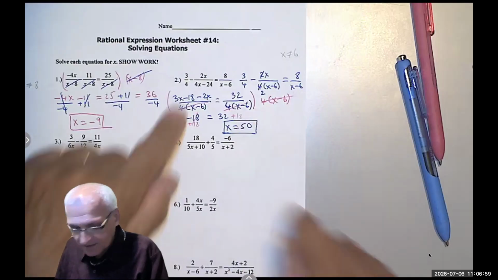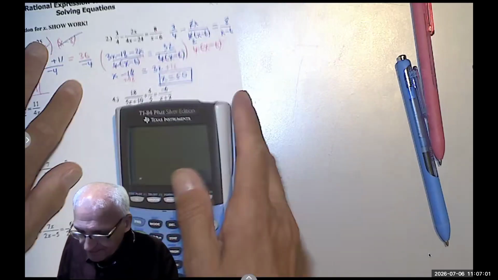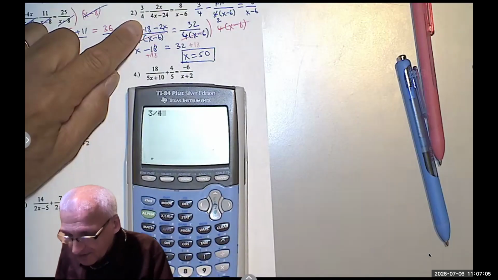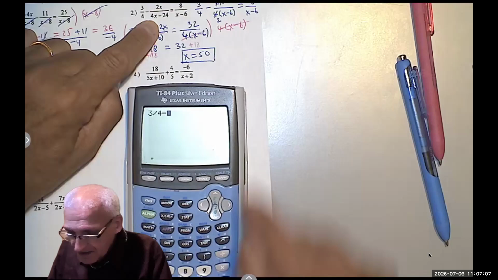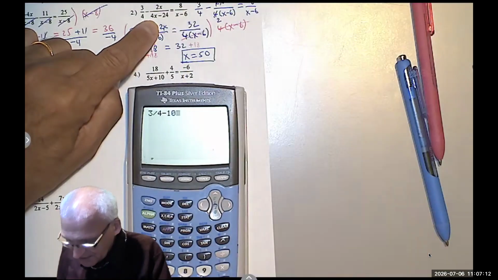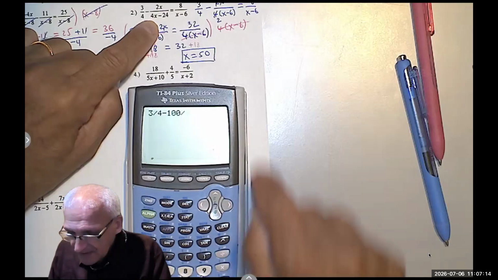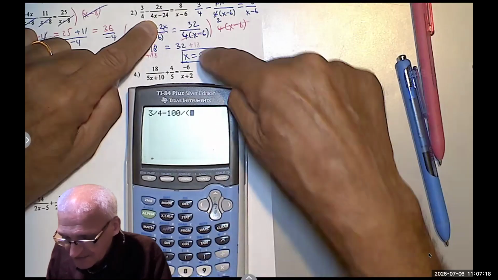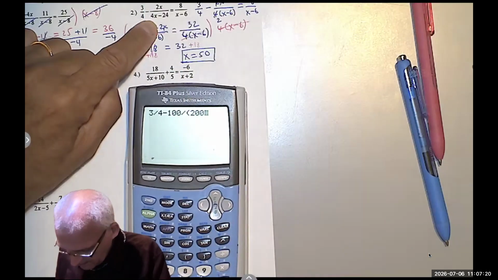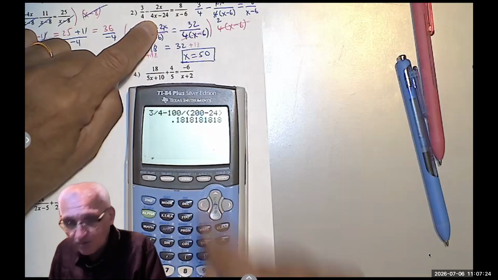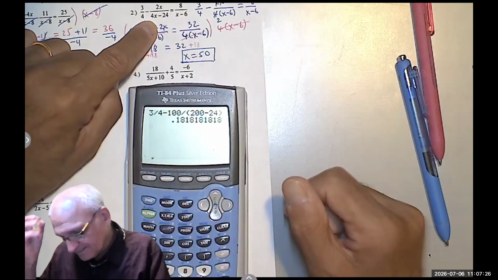Let's substitute here. I get the left-hand side is 3 over 4 minus 2 times x. Now x is 50, so 2 times 50, or 100, over, between parentheses, 50 times 4 is 200 minus 24. And I see what I get, 0.181818.